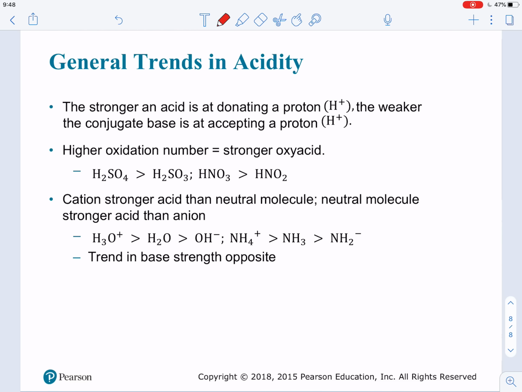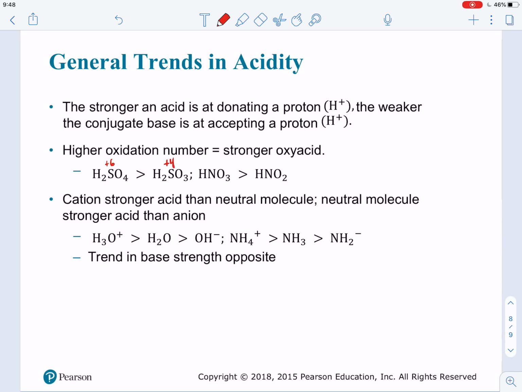One more thing to understand here. We are looking at acids and trying to compare the strength of acids by looking at similar acids. We have already said that a higher oxidation number, particularly in the case of oxyacids, will make the acid stronger. So here, for example, sulfur is +6, but sulfur is +4 here.